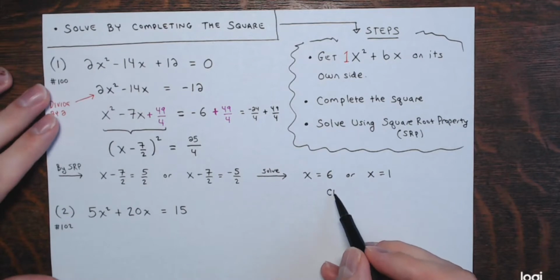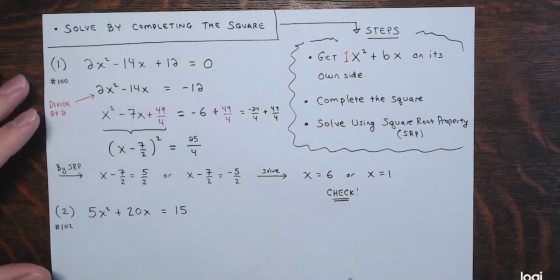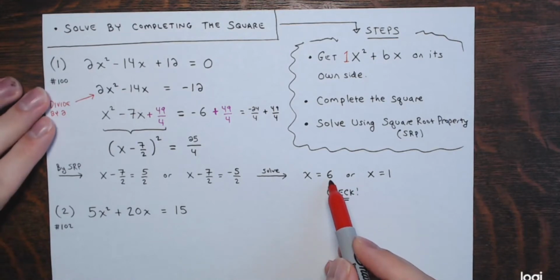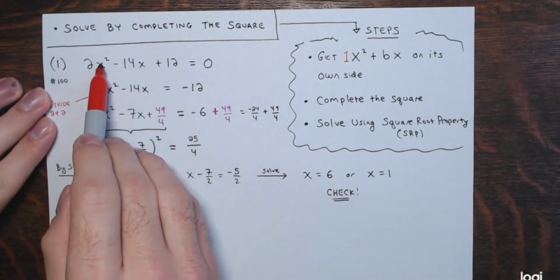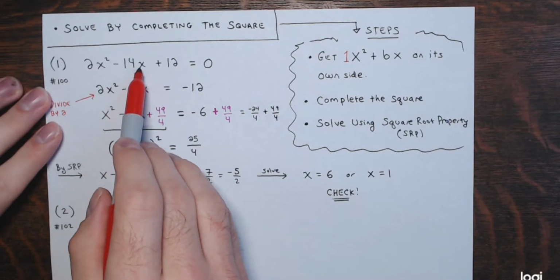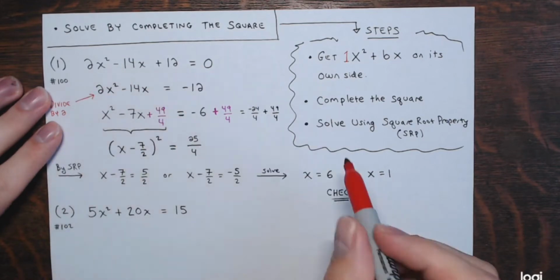And then don't forget to check your solutions, and you always check back in the original equation. All right, and I'll do these out loud. These are some nice integers, so this won't be so bad. If I plug in 6 for x, 6 squared is 36, 2 times 36 is 72, and then 14 times 6 is 84. 72 minus 84 is negative 12, plus 12 would be 0.